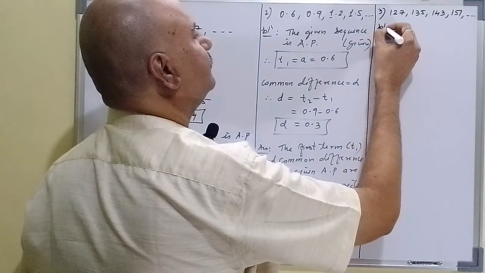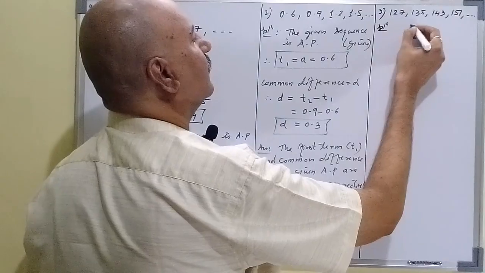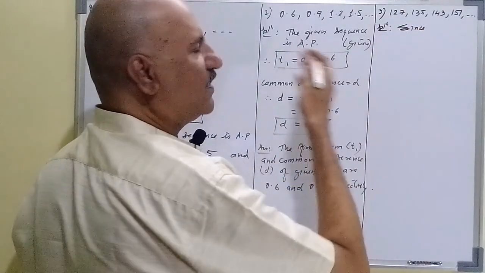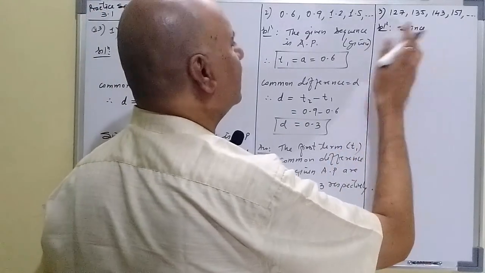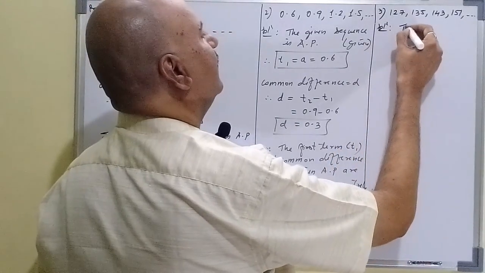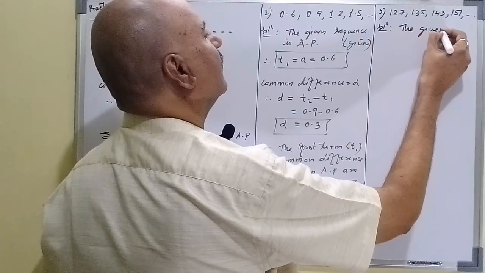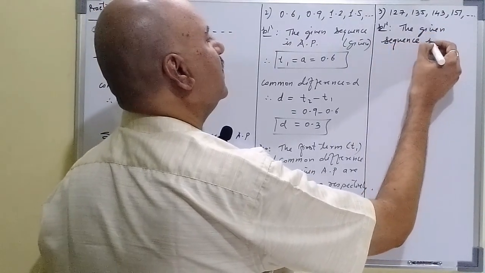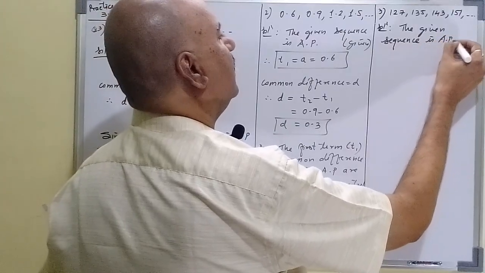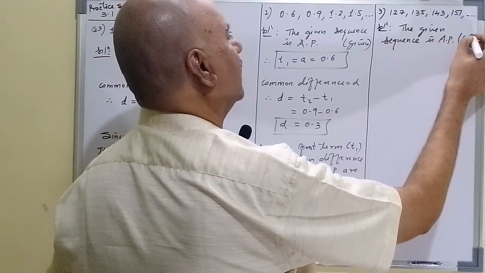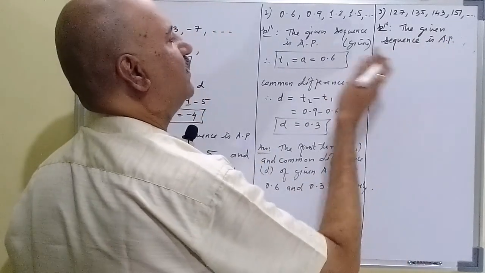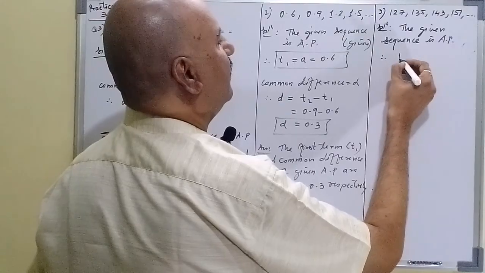सॉल्यूशन चालू करते हैं. सिंस तुम ये लिख सकते हो द गिवन सीक्वेंस इज एपी. गिवन लिखा है तो लिखने की जरूरत नहीं है एक्चुअली. ओके. व्हाट इज T1?